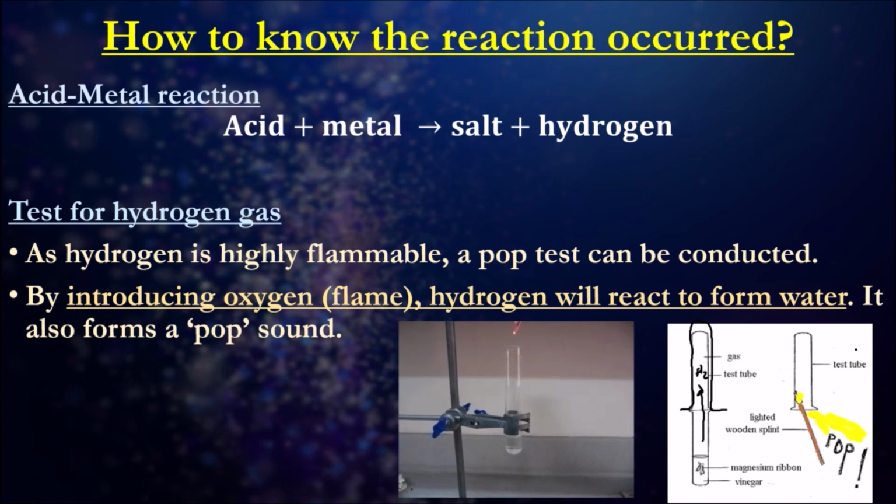So you have all this hydrogen gas at the very top of your test tube. When you introduce that flame, you get your pop reaction there. In that process, you'll see a little flame forming, and that's just to represent the chemical reaction of hydrogen and oxygen occurring at that particular point in time.